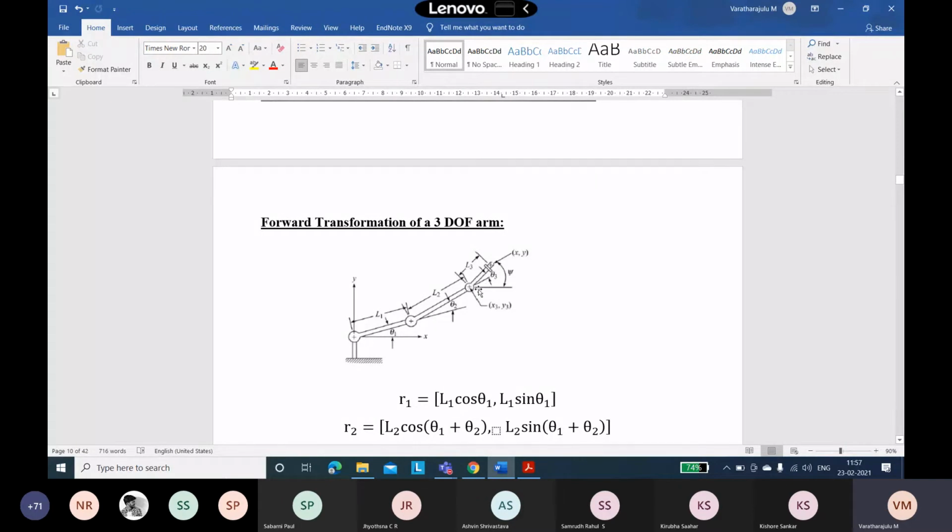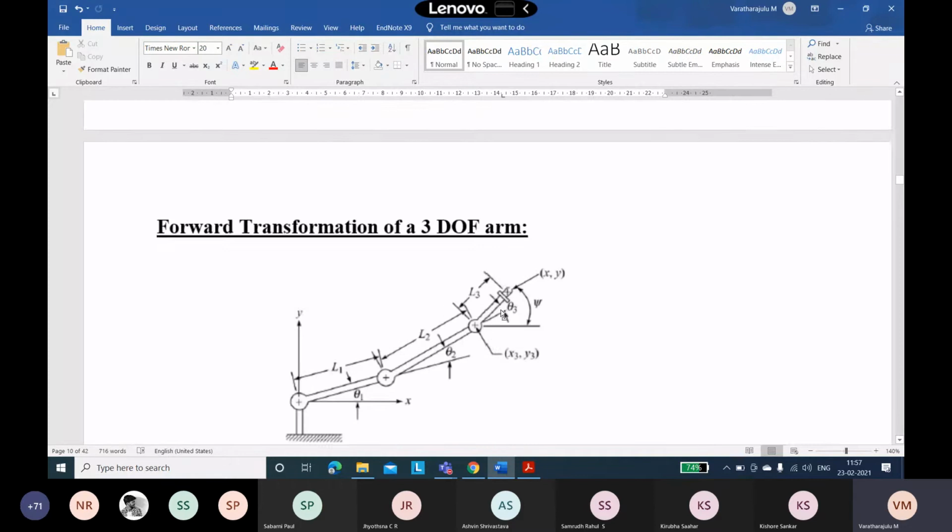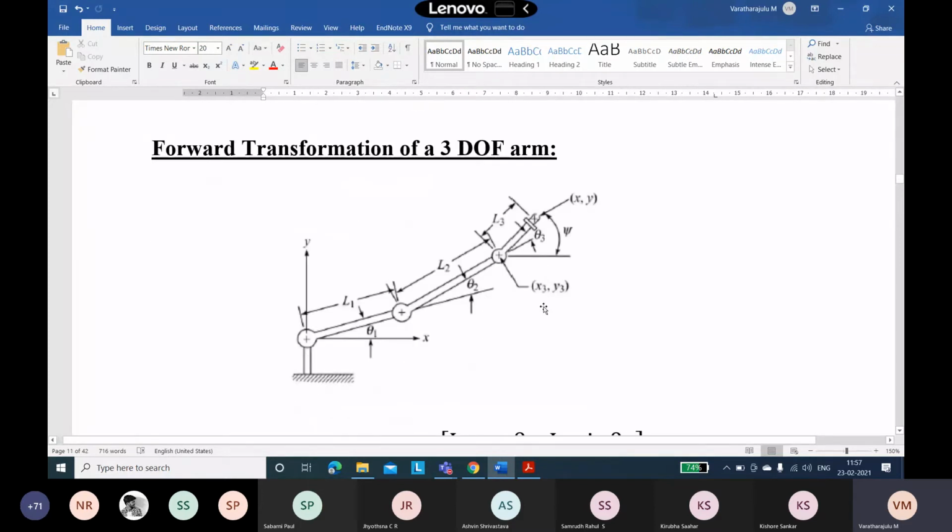The inclination of the link to x is theta 2 here, and from the base, from the x, the inclination is psi. Here we have x1 y1, x2 y2, here x3 y3, and at the end effector we have x and y.